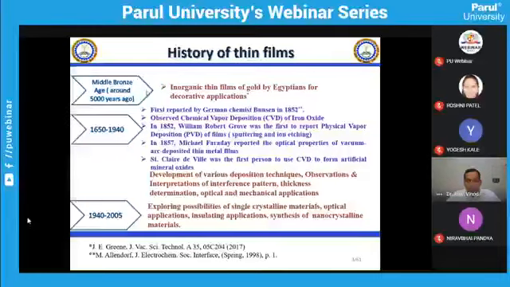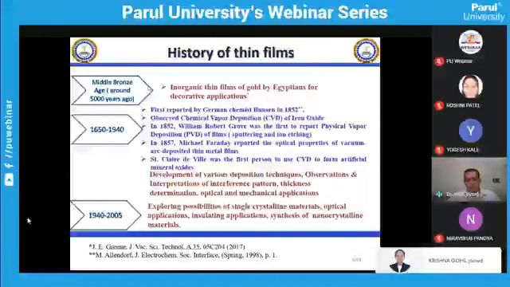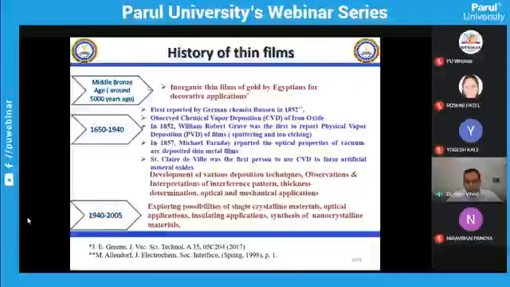From 1940 to 2005, the optical application, the insulating application of thin films.